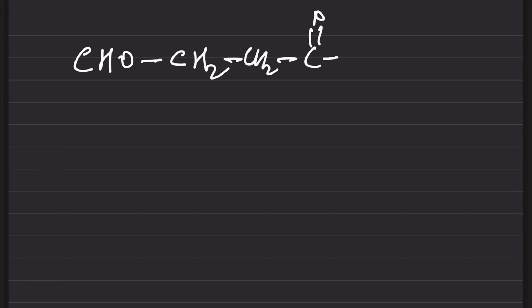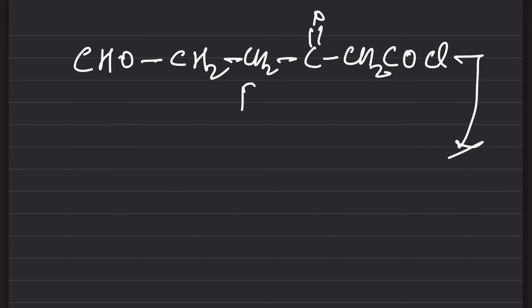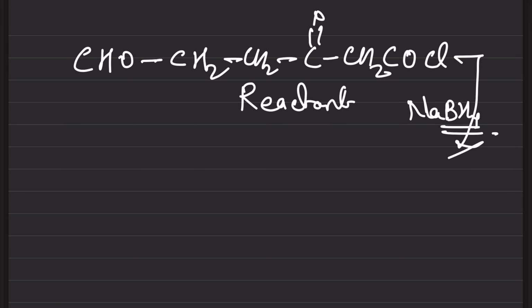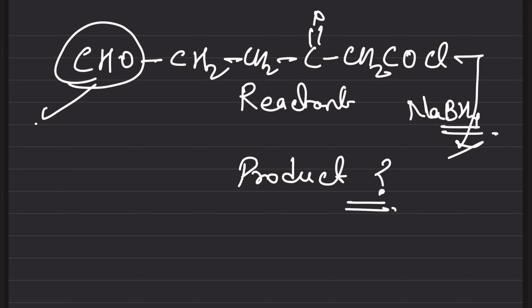Suppose there is a reaction with CHO CH2CH2COCH2COCl as the reactant, and NaBH4 is present, and we have to tell what the product of this reaction is. As it does not reduce this aldehyde, no change here.